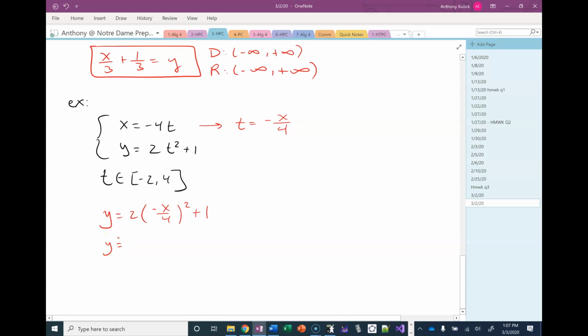How do I square a fraction? Square the top and square the bottom. That's correct. And then how do you multiply two fractions? No. You multiply the tops together and you multiply the bottoms together, right?